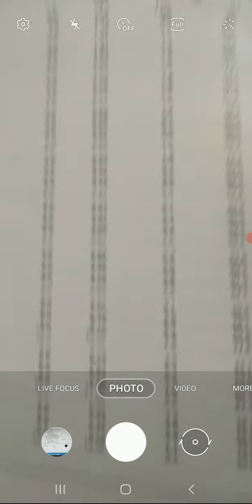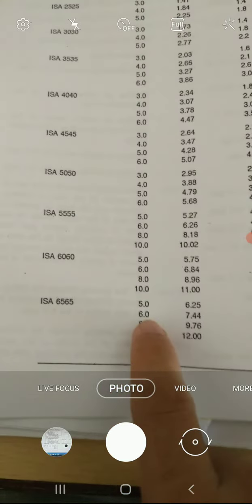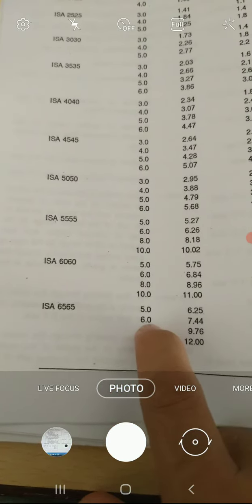Okay, in the steel table you can see here ISA is page number 2, ISA 65 into 65, where 6 mm is given here. This is ISA 65 into 65 and 6 mm here. So what we need is IXX value, CXX value, that is here you can see 1.81.